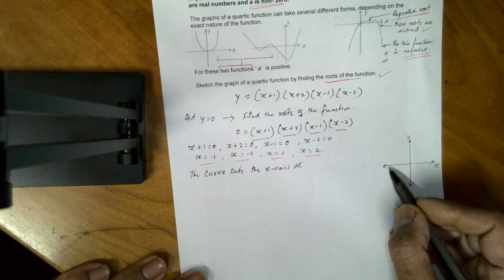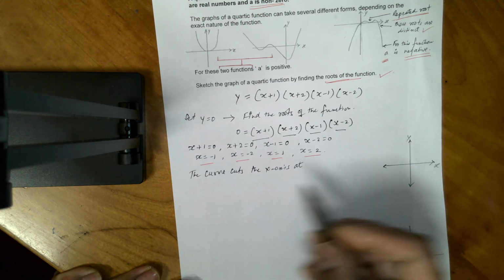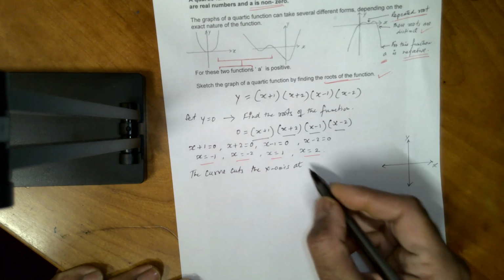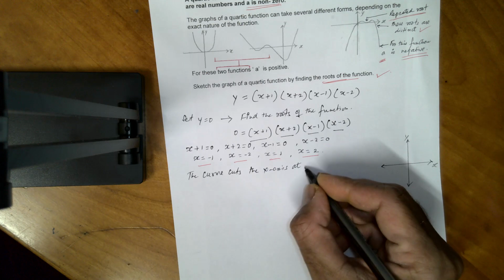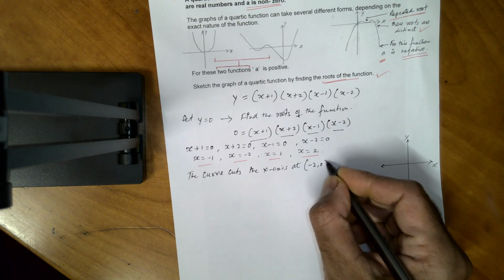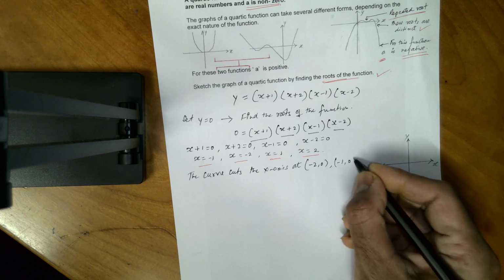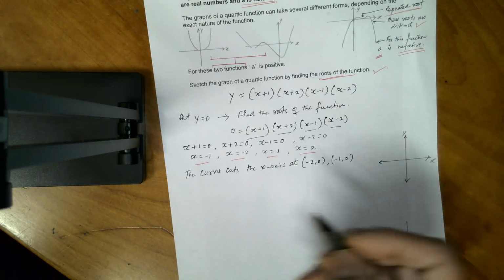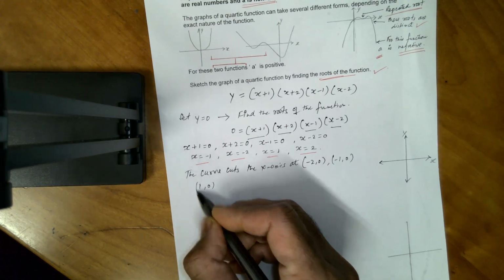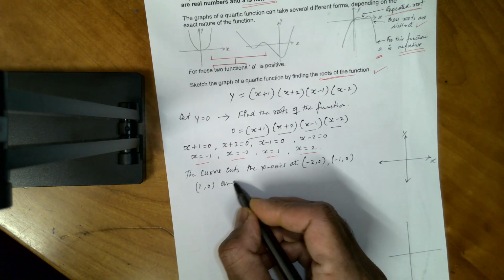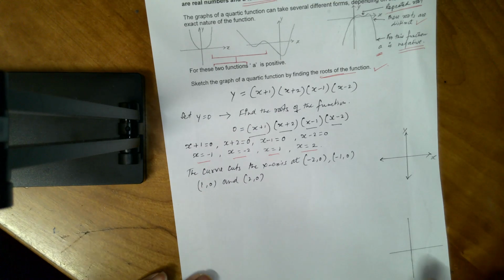So we start from here because this is minus, and then you go to the positive side. In minus you have -2 and -1. So your coordinate would be -2, 0. Then -1 and 0, where 0 is your y. Then you got 1 here, so 1 and 0, and 2 and 0. These are your coordinates.